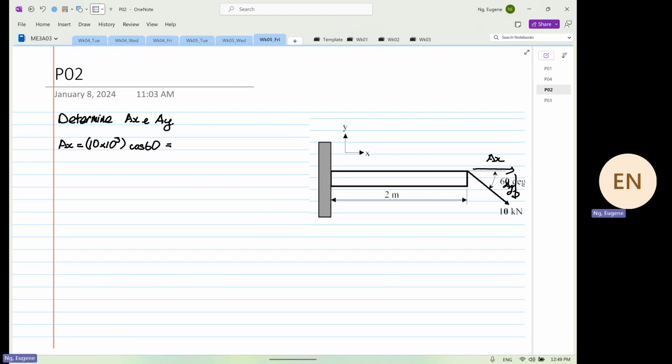So this will be equal to 5 times 10 to the power 3 Newton. And then we have AY is equal to 10 times 10 to the power 3 sine 60, which is 8.66 times 10 to the power 3.